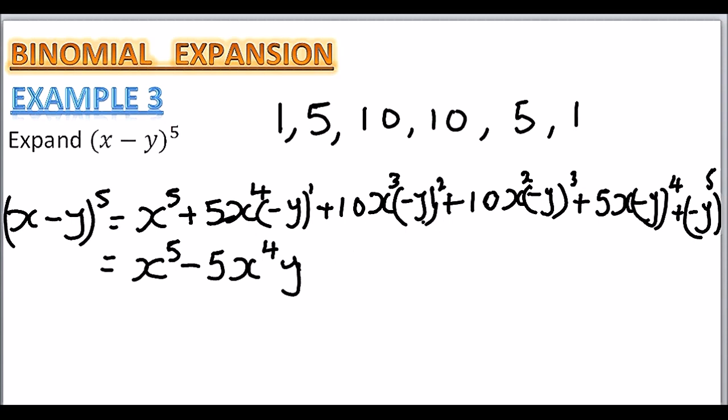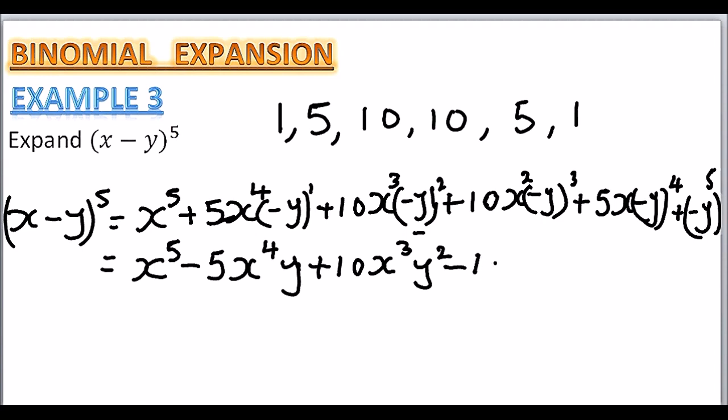Then here we have minus y squared. When you square minus y you get positive. So we have plus 10 x to power 3 and we have y squared. This is y cubed, so when you cube minus y you end up with minus y cubed.